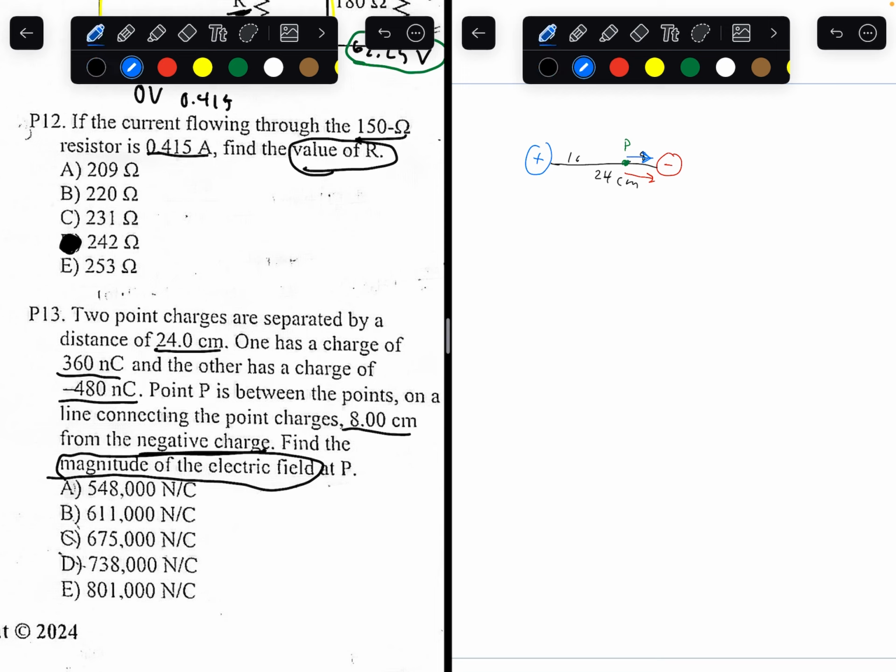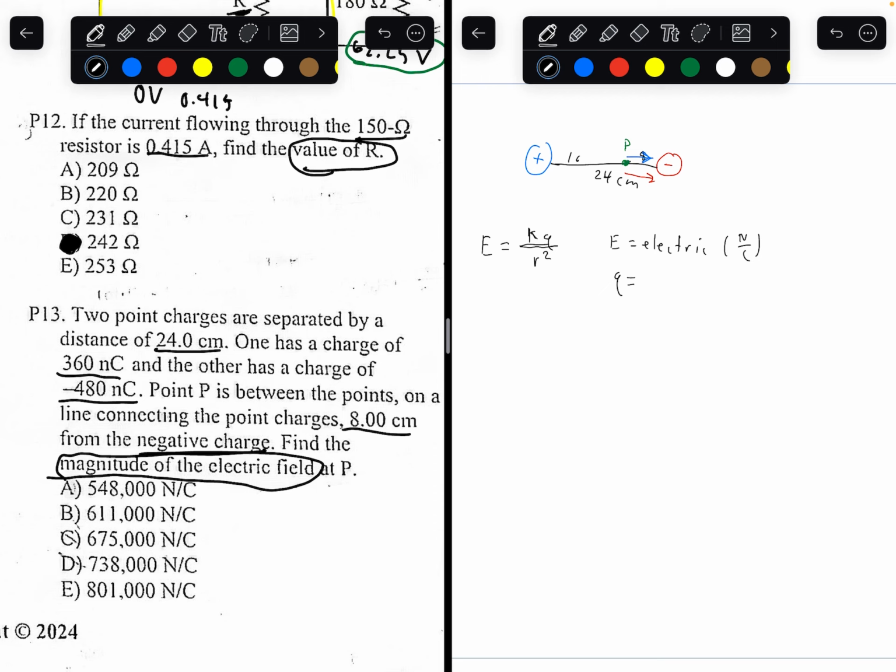But what do the arrows mean? The arrows represent the electric field, which can be calculated in this formula. Electric field equals Coulomb's constant times the charge divided by the distance between the charge and the point squared. The electric field's unit is newtons per coulomb.